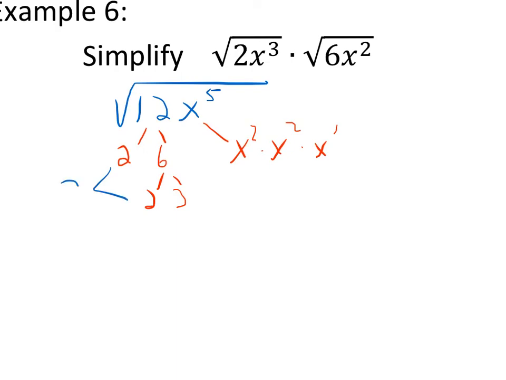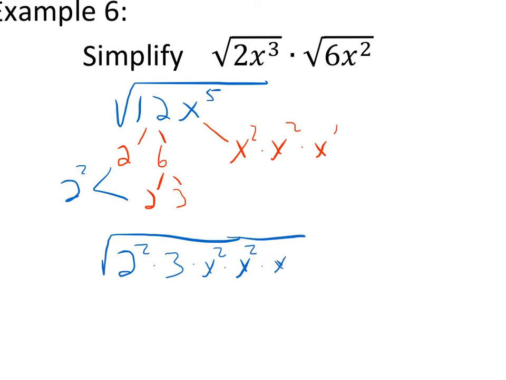So again, this is 2 squared, so we're going to write the new root as 2 squared times 3 times x squared times x squared times x. So as before, when you root something squared, it comes out.